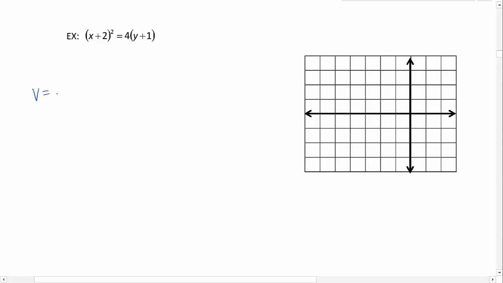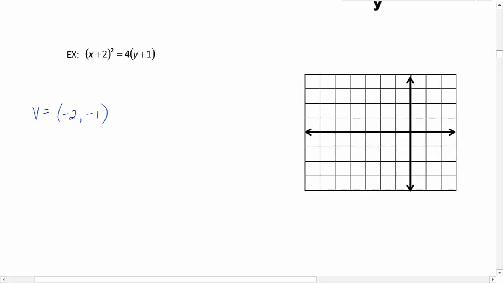h, k. Remember that h is always with x, k is always with y, and it's the opposite sign of what we see in the equation. So we see that the vertex is negative 2, negative 1. We need to find our p-value for the other details of our equation, so we want to make sure to rewrite our equation in standard form so we can identify that p-value.